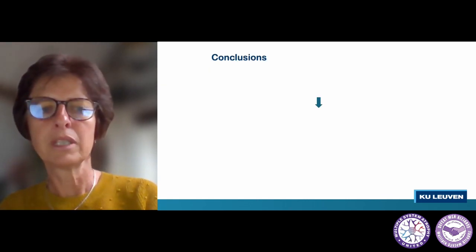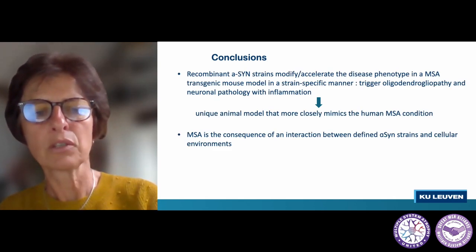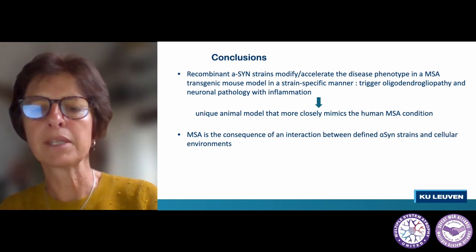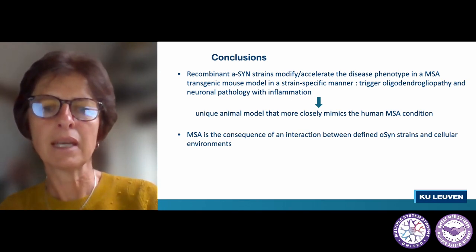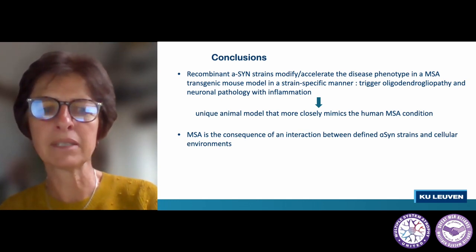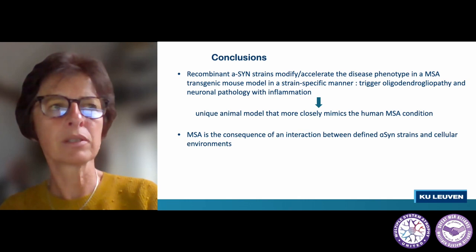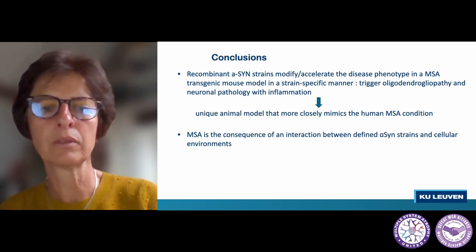So to conclude, what we could show in this study is that the injection of recombinant alpha-synuclein strains in an MSA transgenic mouse model modifies and accelerates the disease phenotype in a strain-specific manner. It triggers clear oligodendrocyte-specific pathology and neuronal pathology with inflammation markers.